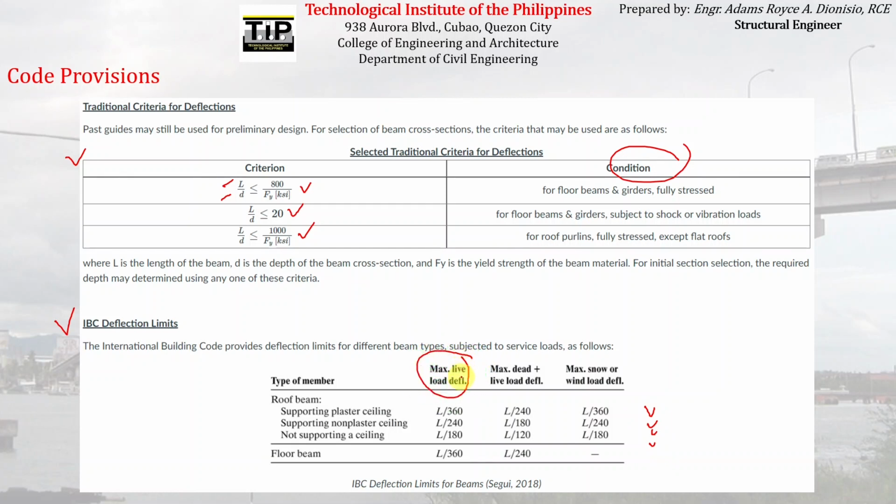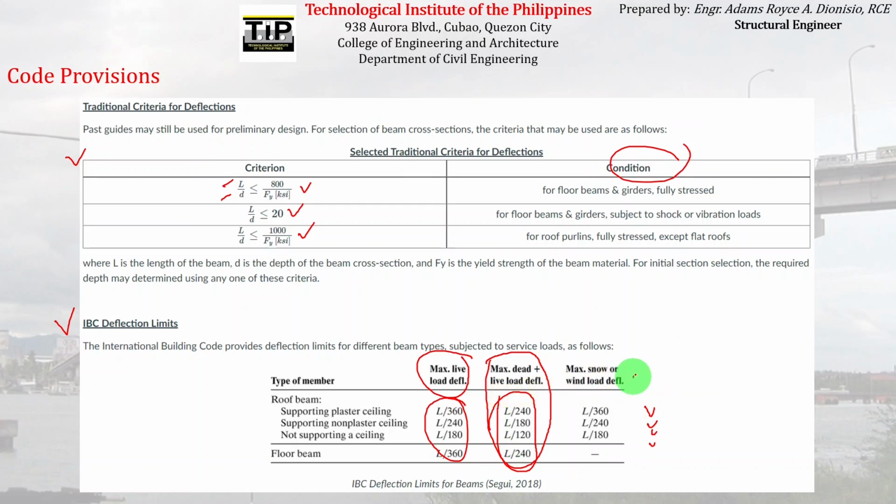So if the live load is the only one that causes the deflection, its magnitude must not exceed these corresponding values here. If the dead load is added and induces deflection as well, the total deflection induced by the combination of dead load and live load must not exceed these values mentioned here on the table.